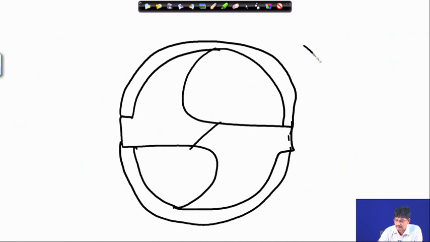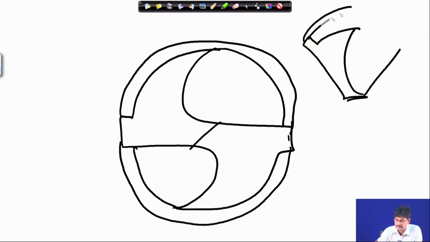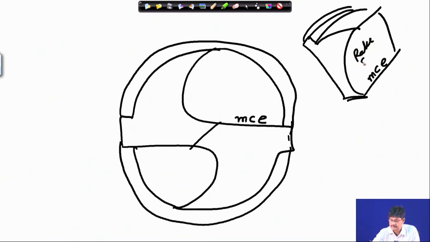We can just have a quick look at the other view also. This is the main cutting edge or principal cutting edge. Therefore, this is the rake surface. Rake surface cannot be seen here completely. This is the center of the tool. As it is rotating, it rotates this way. If you rotate it in the opposite direction, it will not cut.